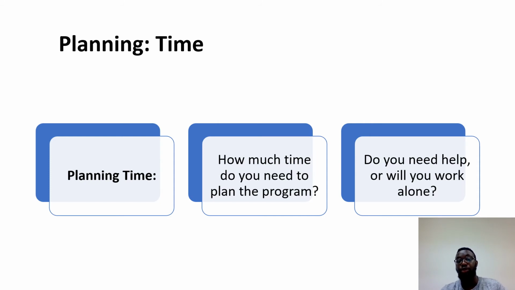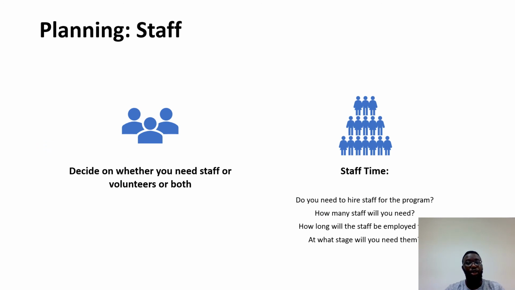You should be able to come up with a better planned program if you plan with a team than to plan alone. But this is what you need to ask yourself. Do you need help to plan this program, or can you plan the program by yourself? So you think about it, you ask the questions, and you know what the answers will be.